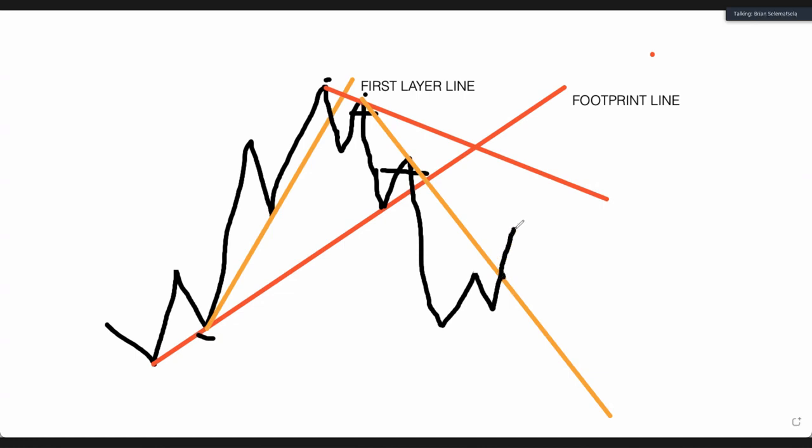You wait for a pullback. After the pullback happens, you enter your buy using your same divergence. And then the market will go into your direction just like that. And after that, again, you do the same thing.